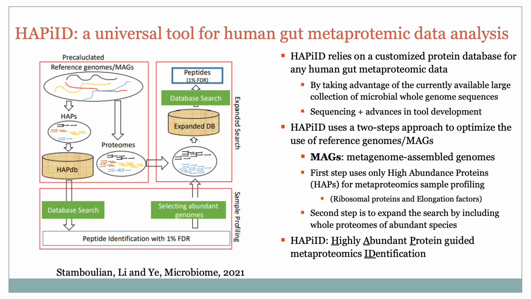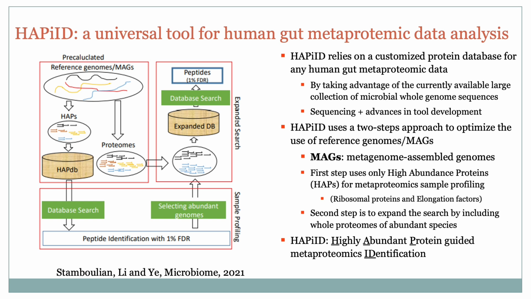The problem is that the reference database is huge, containing thousands of genomes, which translates into millions of proteins. If we just do a database search against these millions of proteins, the search won't be effective, and it's also very tricky to control the false discovery rate.